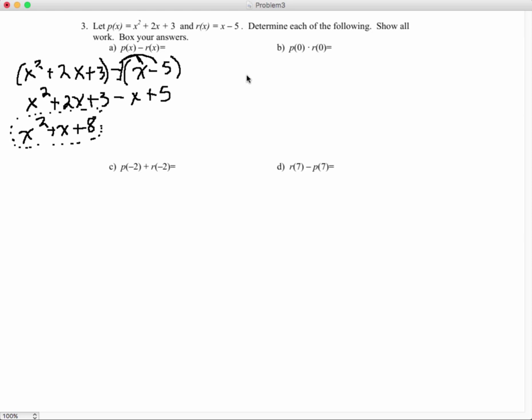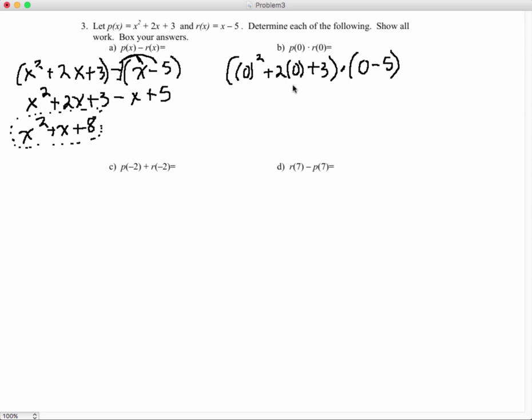Okay, next they want to know what p of 0 times r of 0 is. So p of 0 is going to be 0 squared plus 2 times 0 plus 3. That's my first polynomial, that's p of 0, times my second polynomial, which is going to be 0 subtract 5.